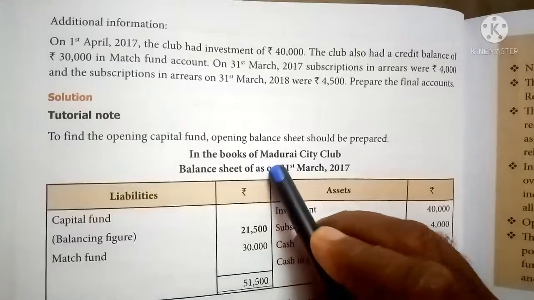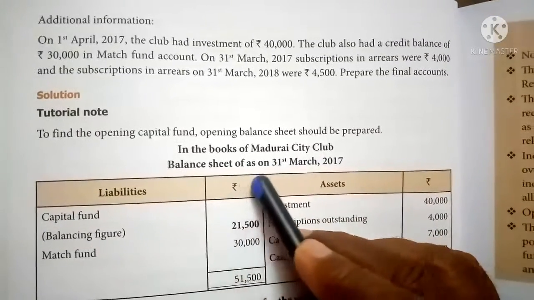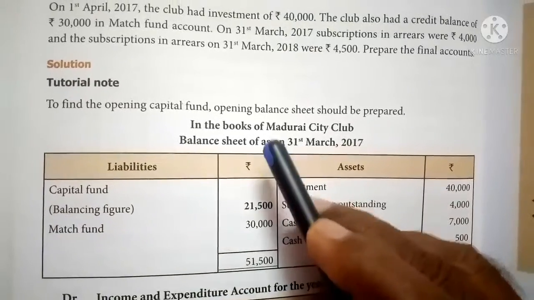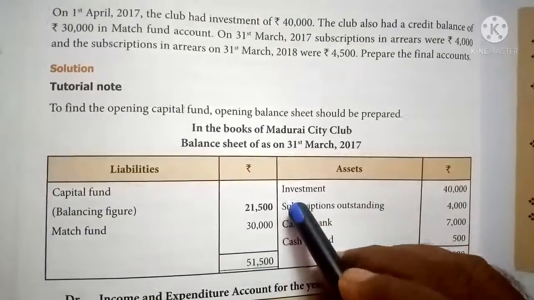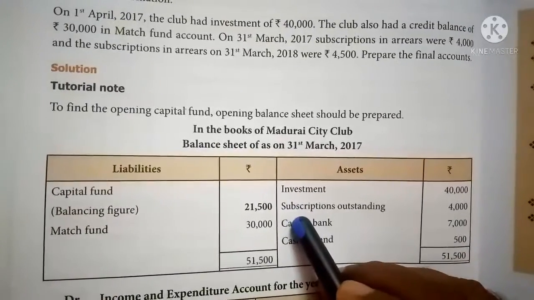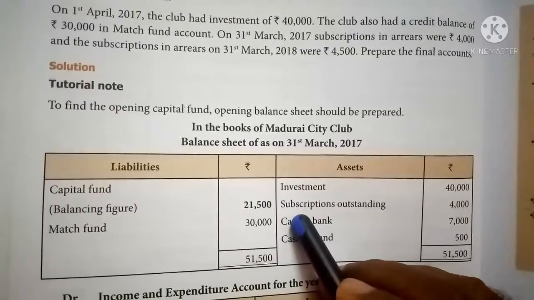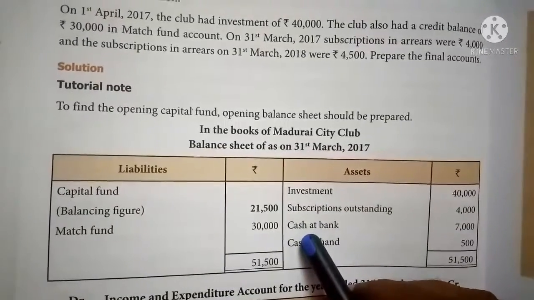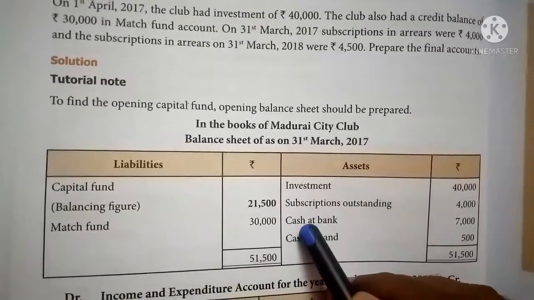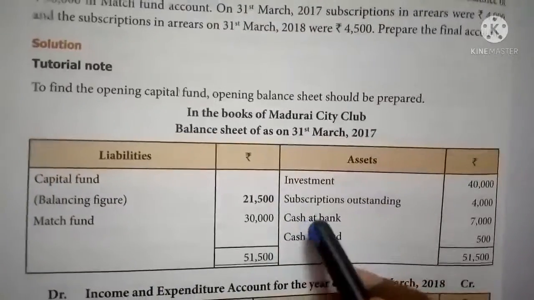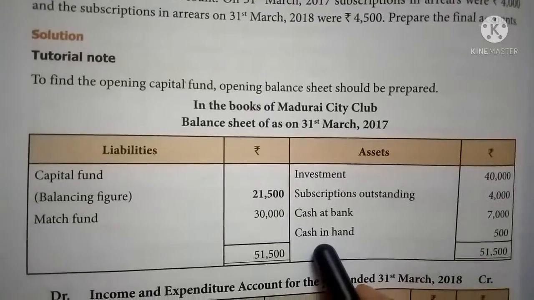So in the books of Madurai City Club, balance sheet as on 31st March 2017. From the given sum, the investment opening value is 40,000. It is an asset. Subscription outstanding of the previous year, that is 4,000, is also an asset. Opening cash at bank is 7,000 and cash in hand is 500.